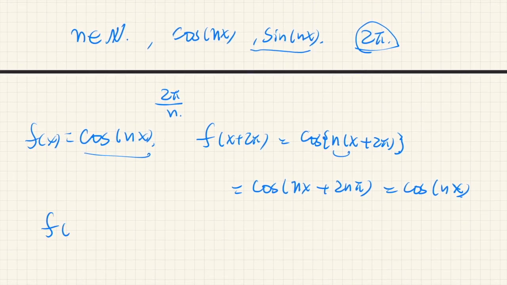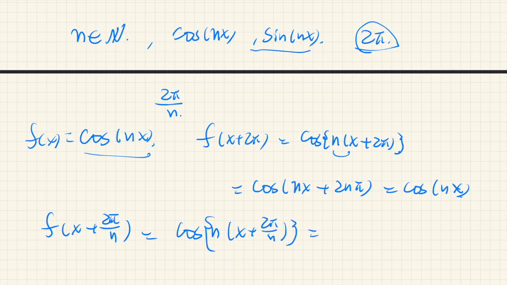And if we substitute x plus 2 pi over n, then we have cosine n times x plus 2 pi over n, which is cosine of nx plus 2 pi, which is equal to cosine nx.